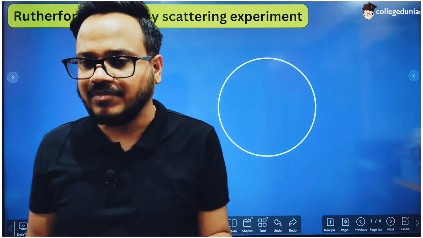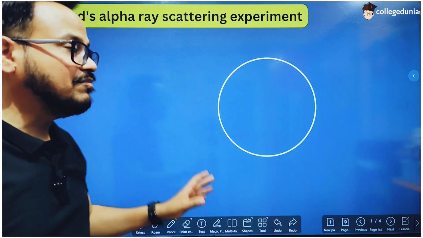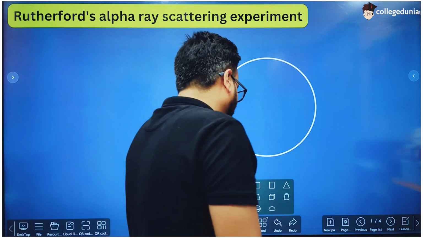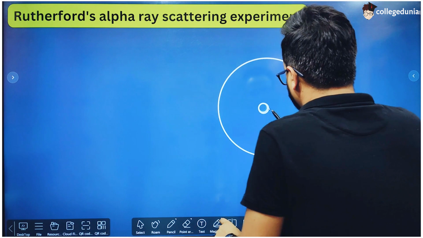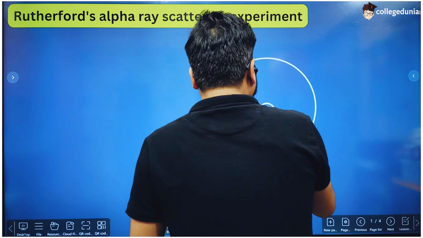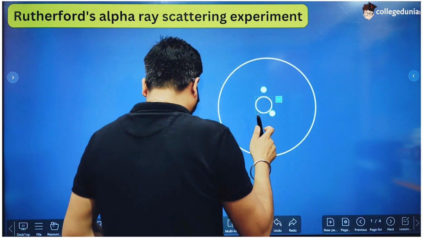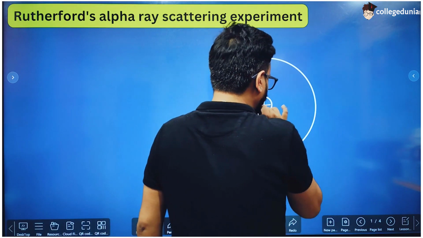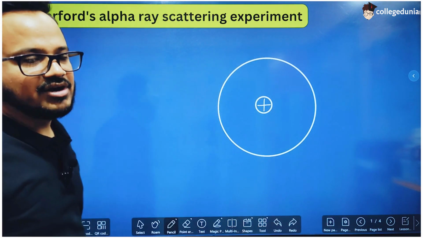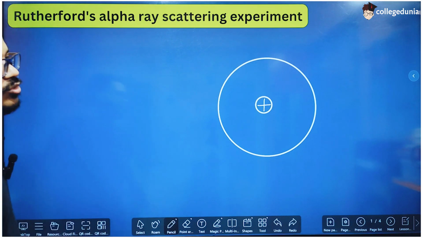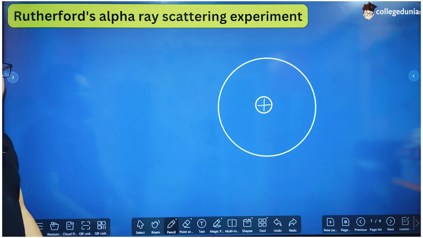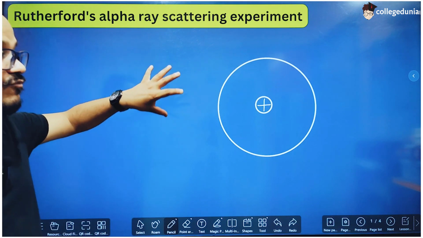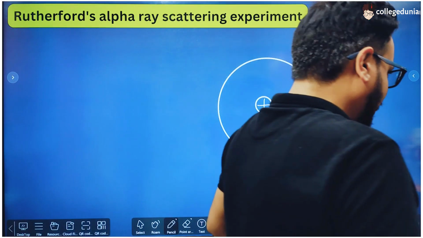But since most alpha particles went straight through the gold foil, most of the space is empty and the positive charge is concentrated in a very small region. Rutherford named that small region the nucleus, because the living cell was already discovered at that time, and the central portion of the cell where the nuclear material is present is called the nucleus. Rutherford used the same term for the nucleus of the atom, right?